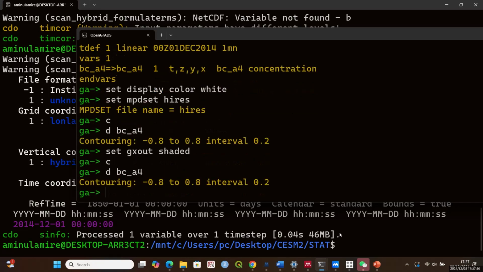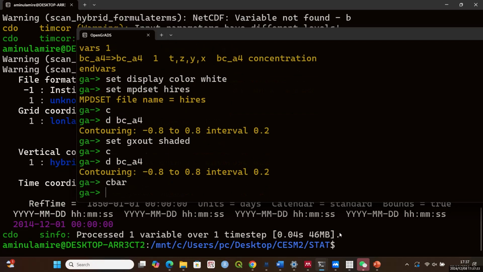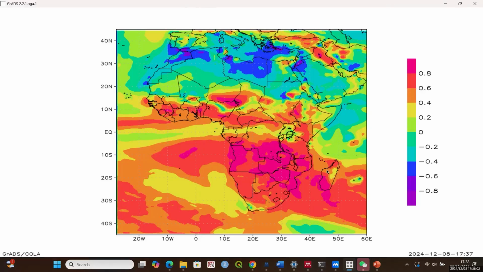Okay, then we can put a cbar. On our color bar, the interval means each color range is 0.2. Each one is 0.2. That's what is happening here. So this is how the correlation looks like.